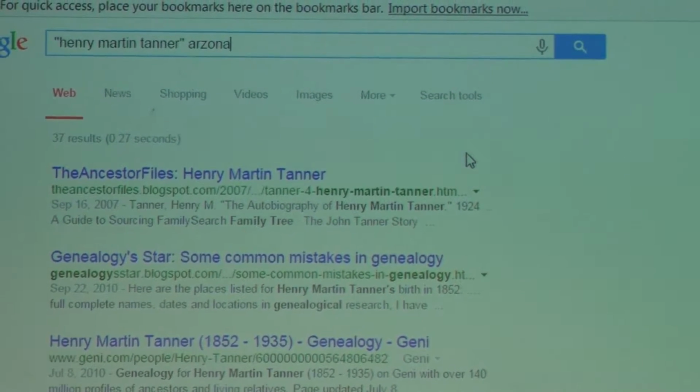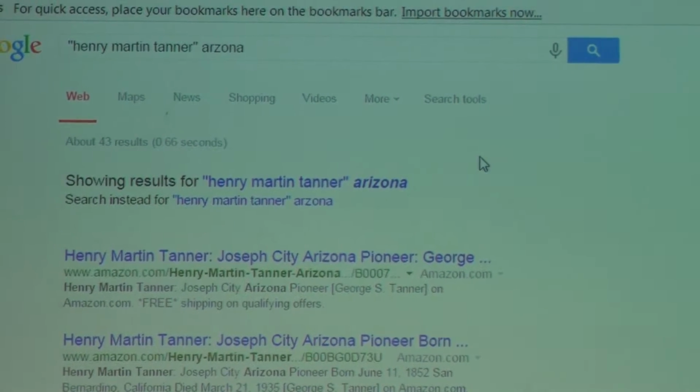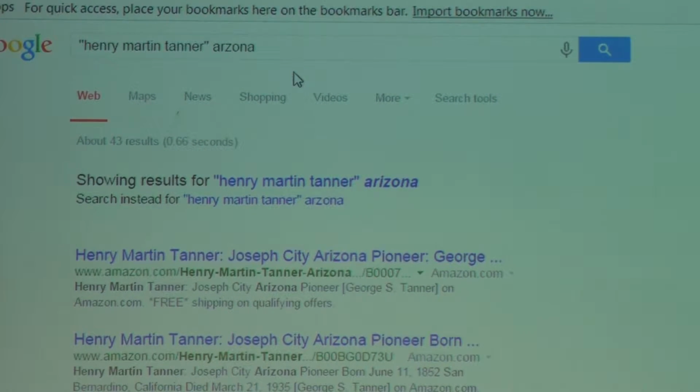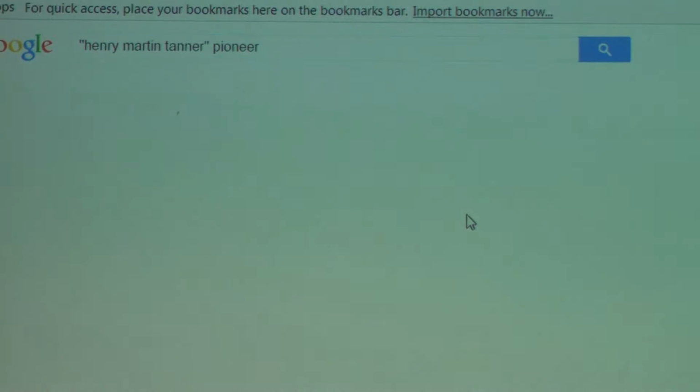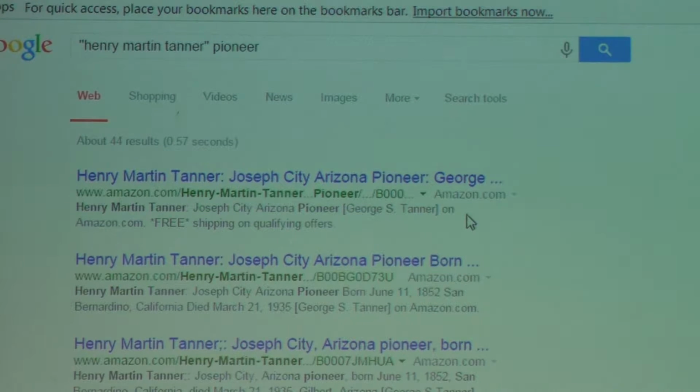I'm just going to throw it off by putting in something different. Put Arizona. Let's try this. Oh, I didn't get it right. There we go. Arizona. I'm still going to come up with just a few. Let's try the last one. Oh, okay.